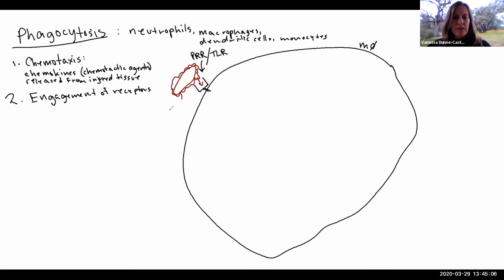So we have our microbial associated molecular pattern, like lipopolysaccharide, for example, and that molecular pattern engages its particular pattern recognition receptor, like toll-like receptor 4, for example. And so there's a physical interaction here. And this physical interaction will lead to what we call endocytosis. Number 3 would be endocytosis.